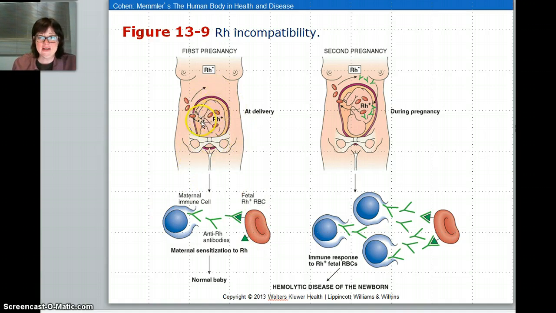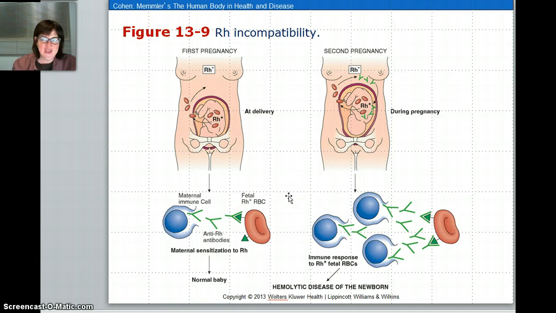The baby's blood cells with the Rh positive antigen will get into the mother. The mother will then make antibodies, which are these little Y-shaped things, to react with the Rh positive antigen. Not a problem in the first baby because the blood does not mix until the birth of the first baby.